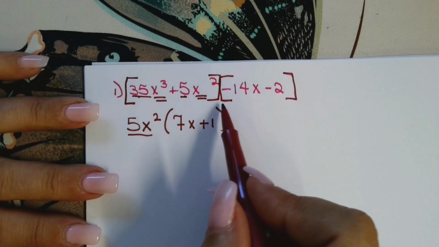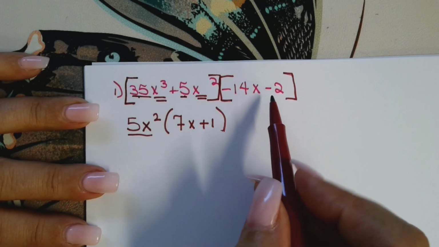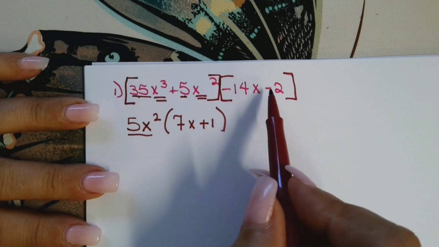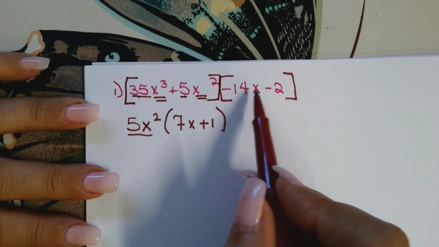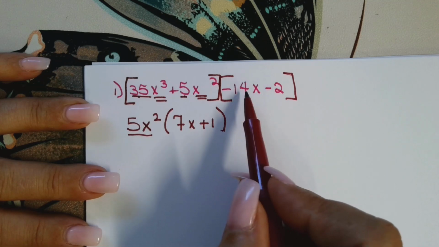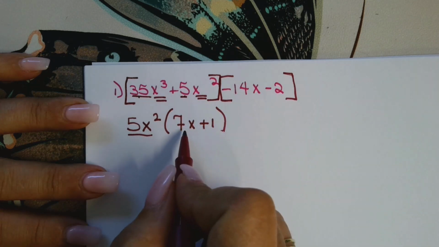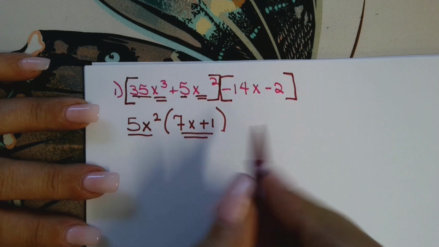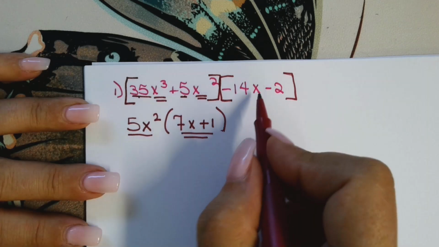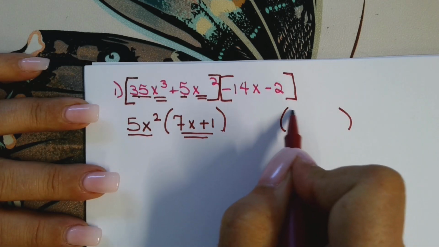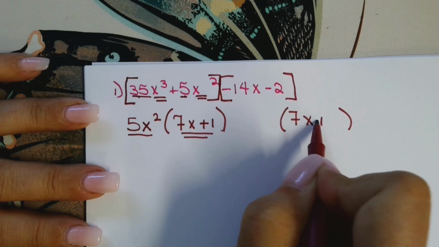All right? Now we're going to do the same thing over here. Now the greatest common factor here, you can pull out a 2 and you can pull out a negative 2. The decision whether to pull out a negative or a positive really has to do with this factor here. We want there to be on this side also a 7x plus 1.